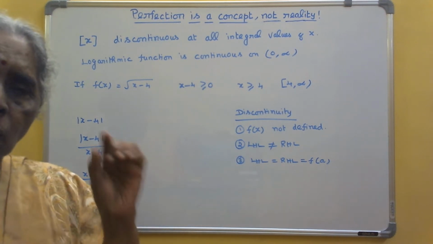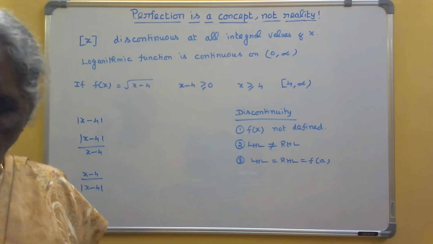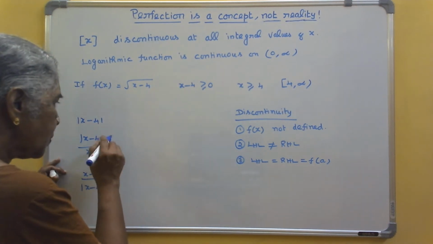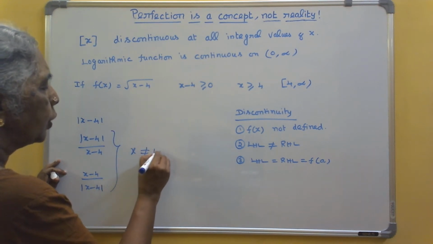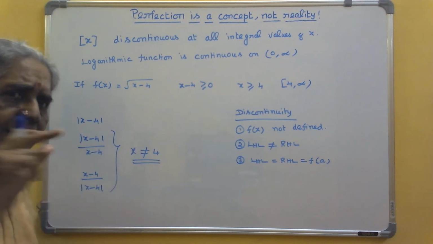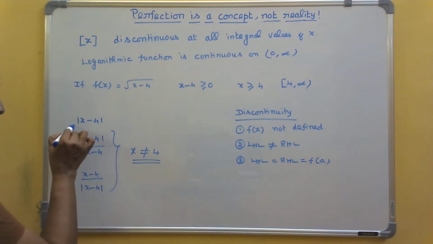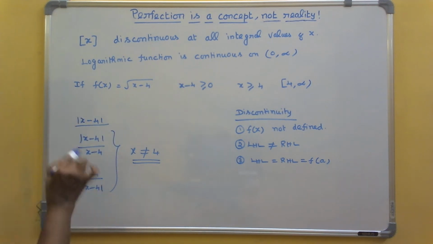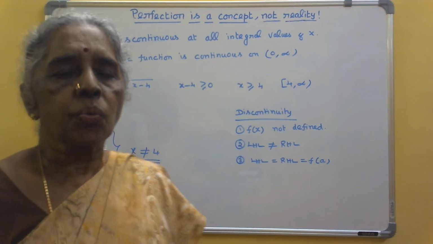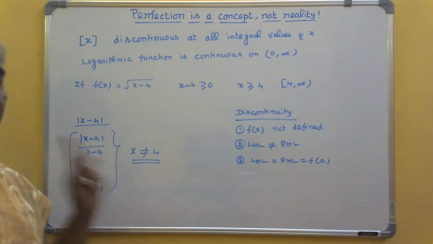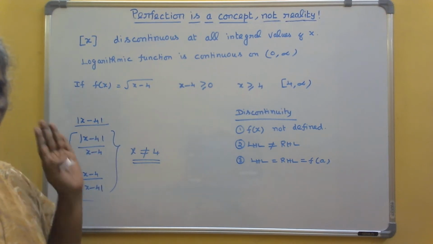But there is one condition, you remember, g of x not equal to 0. So for these two functions, x should not be equal to 4, or I can say they will be discontinuous at x equal to 4. So you should know the difference between a simple modulus function and one in the f of x by g of x format. So here these two are discontinuous at x equal to 4, and this is continuous everywhere, right?